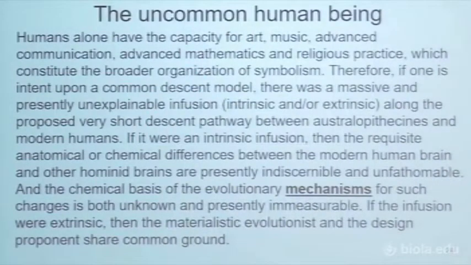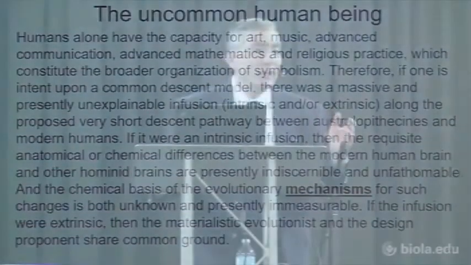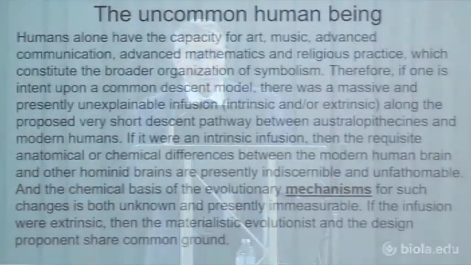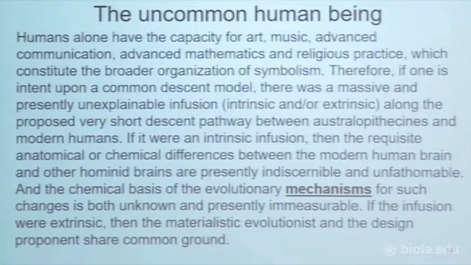And the chemical basis of the evolutionary mechanism for such changes is both unknown and presently immeasurable. We don't even know how it's different. It's clearly different. Humans deal in symbolism. If the infusion were extrinsic, in other words, if something put that in there, then the materialistic evolutionist and the design proponent share common ground.